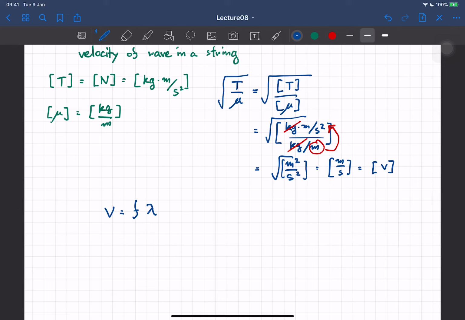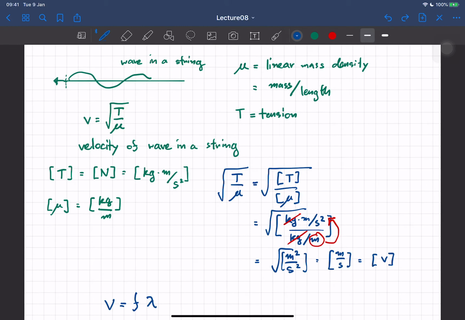Remember this one? Okay. What is v? Well, this v is this v. It's the wave velocity, how fast the wave is moving. And that depends on the property of the system. That depends on the property of the medium, right? And that's exactly what we see here. The property of the medium in this case is a string. What's the property of the string?